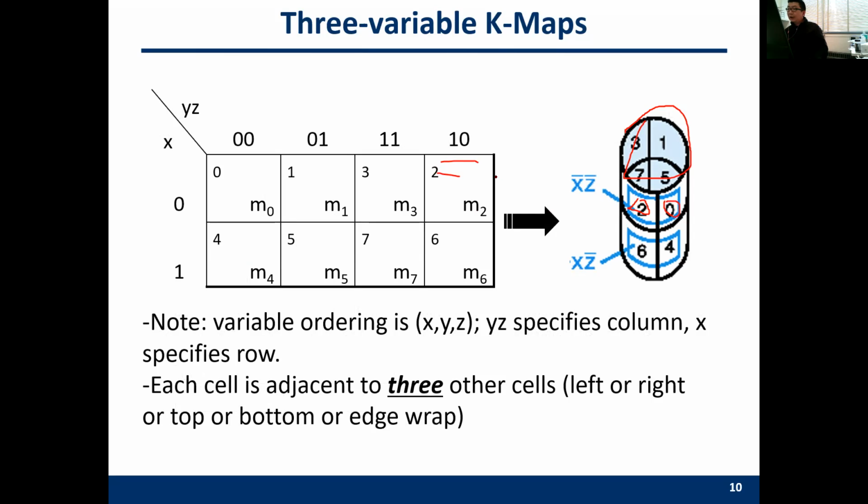This is the reason why you can have a group like this. You can group the rightmost cells in the same group as the leftmost cells. And again, this is 1 1, not 1 0.